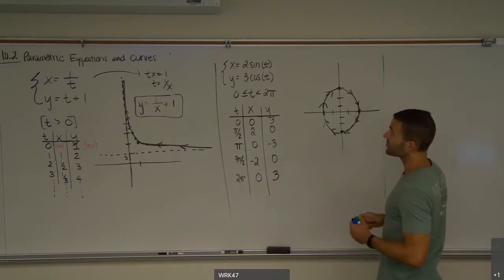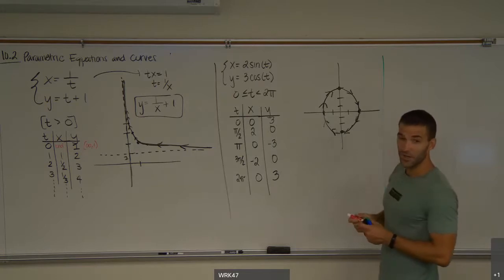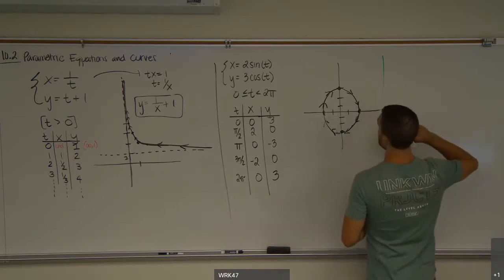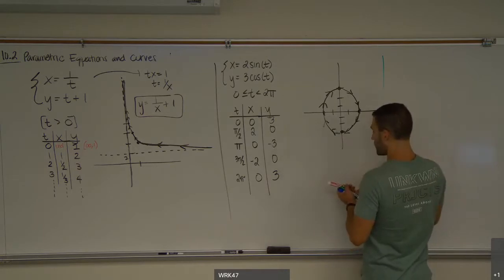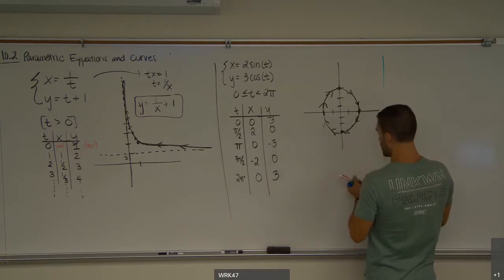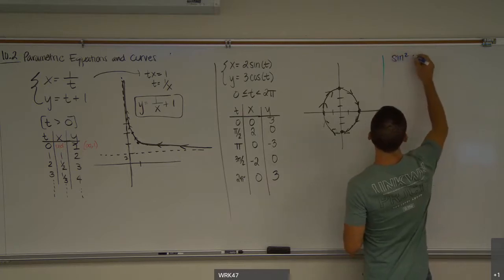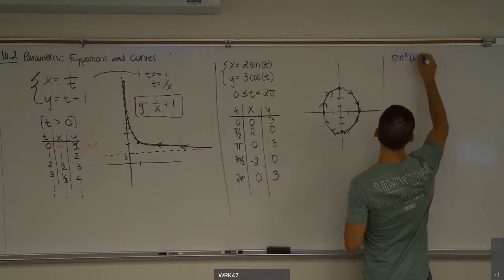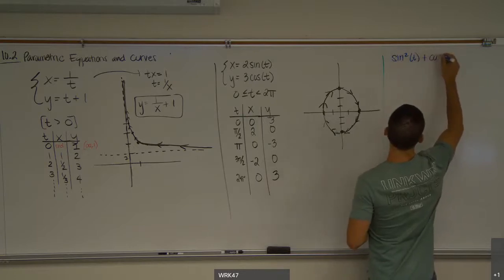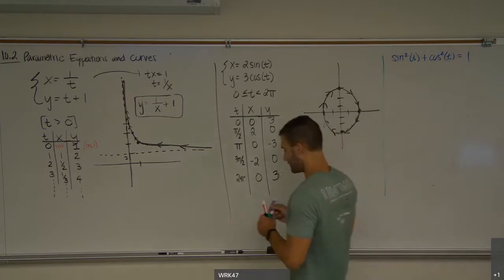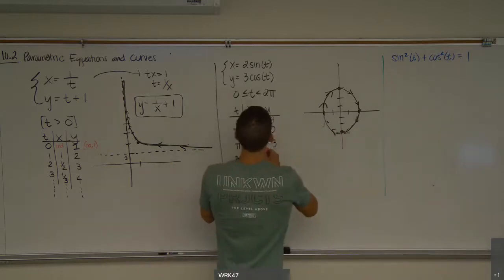Now, instead of trying to solve this for t, that would require some arc sine stuff, I'm going to remember something from trigonometry, and that's my Pythagorean identity. I'm going to remember that sine squared, in this case we'll use t since t is the variable here, plus cosine squared equals 1. So wait a minute then.